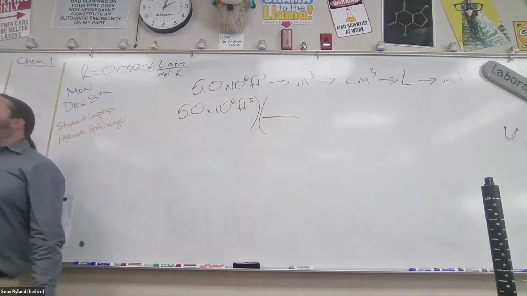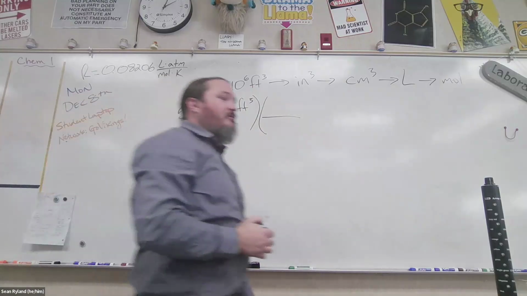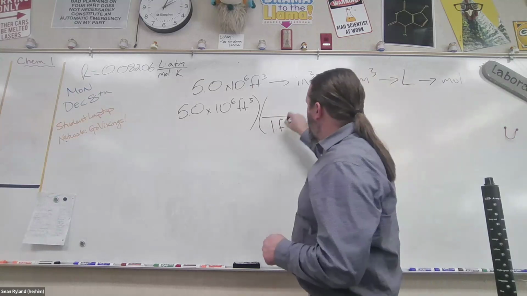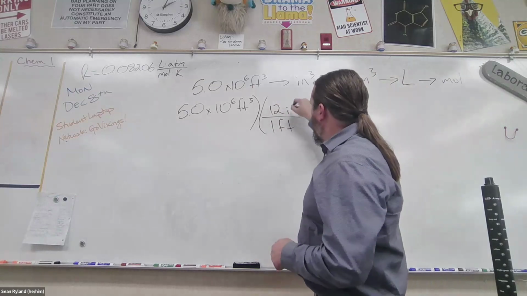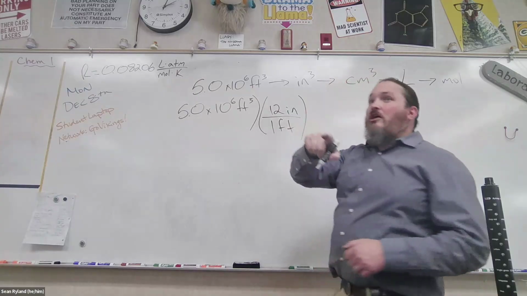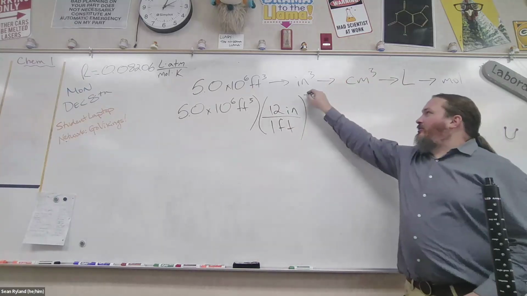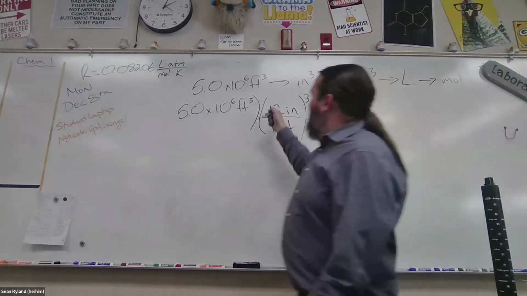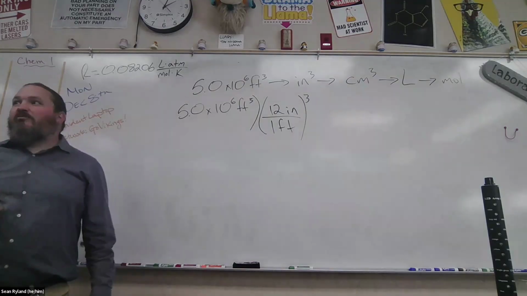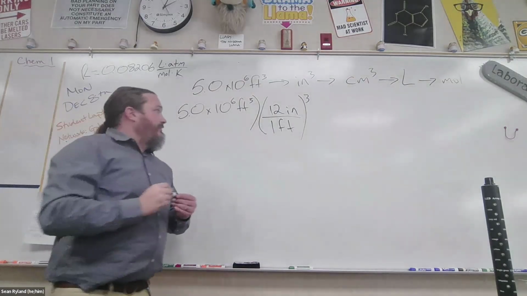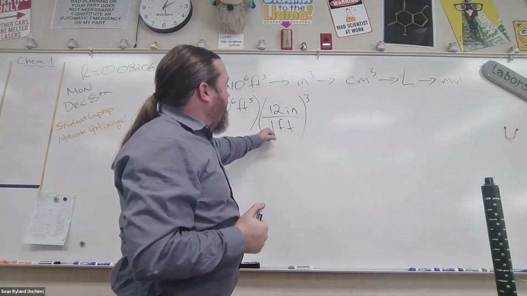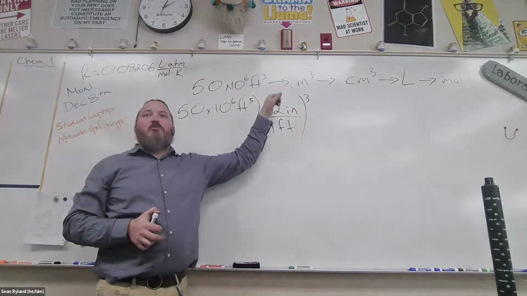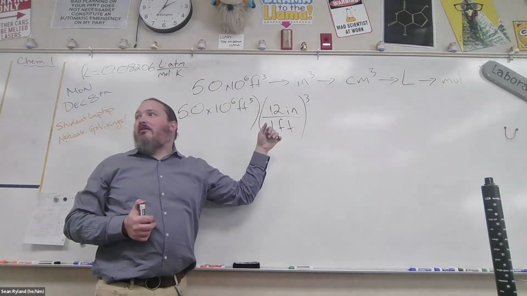How do you go from cubic feet to cubic inches? 1 foot is 12 inches, cubed. Wait, no. We're going to cube the whole thing, because the 1 gets cubed and the 12 gets cubed as well. There is an exact conversion that goes cubic inches to cubic feet, but I don't know that number.